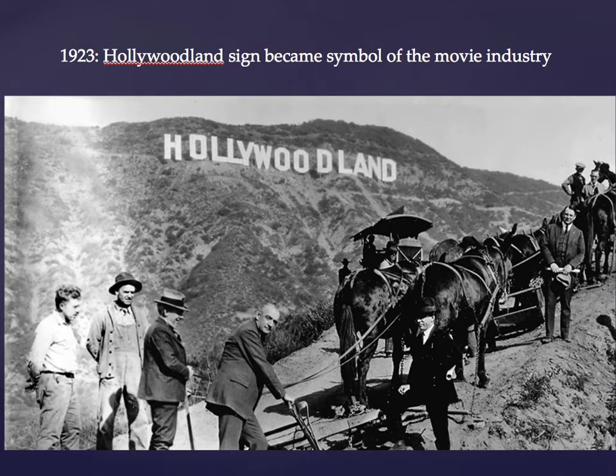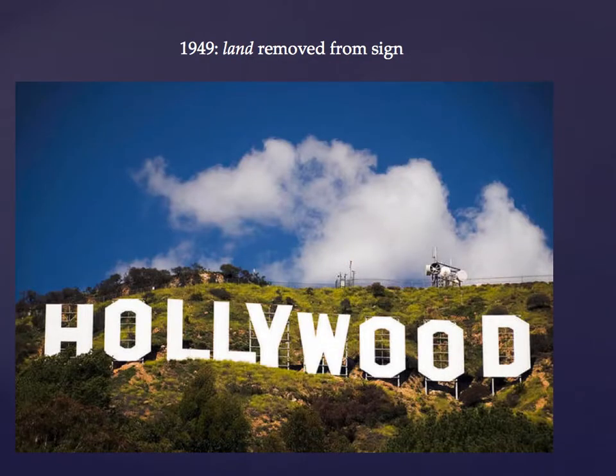That seems kind of weird to see that land on there. It began as a real estate development, and they were just selling houses up in there. They had some sample houses in Hollywood Land, and it kind of became a symbol. And by 1945, land had come down, and we have probably the most famous sign in the world, I would say.